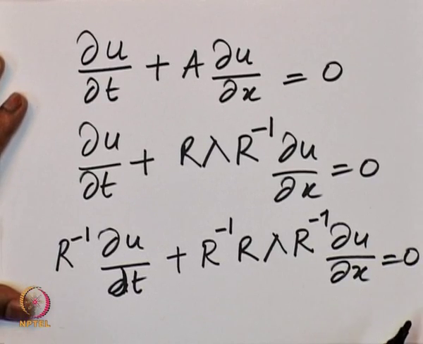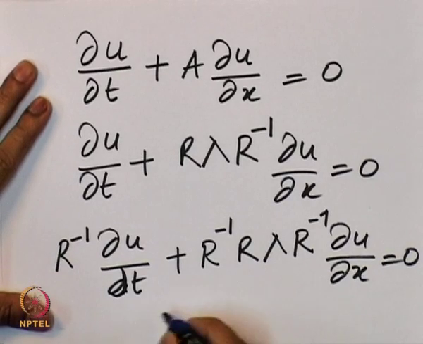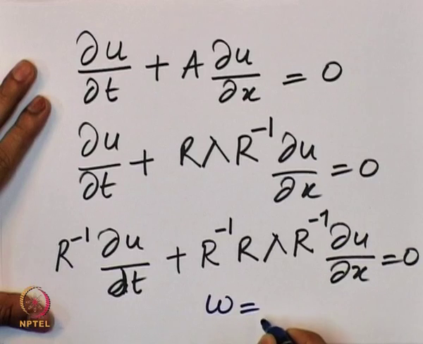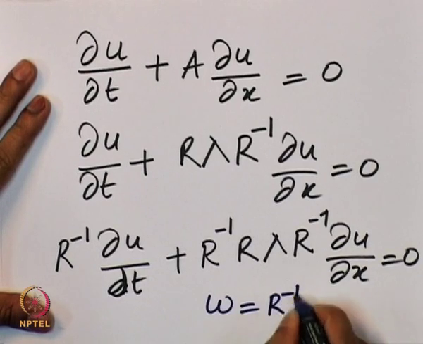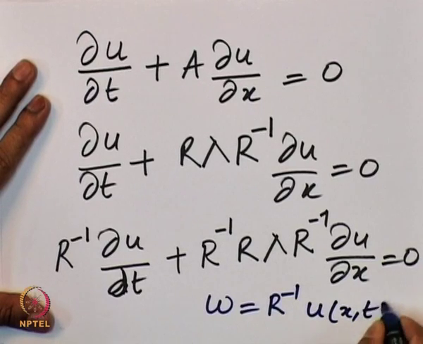So I will define a new quantity, which is nothing but a definition for simplifying this equation. Let us say I call it w is equal to R inverse u of x comma t.